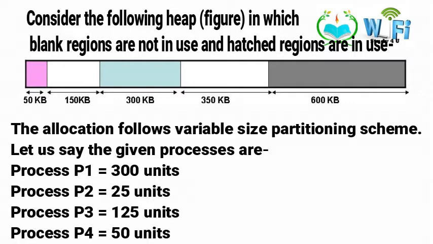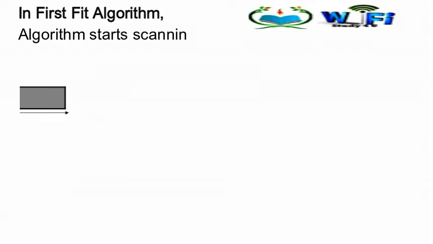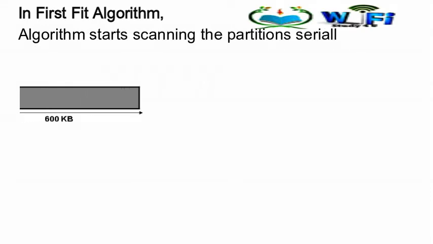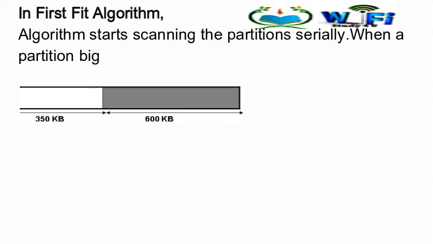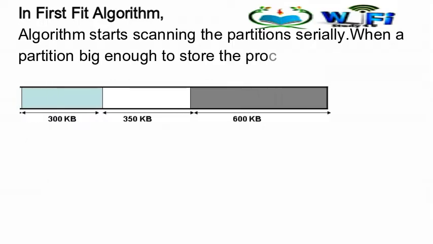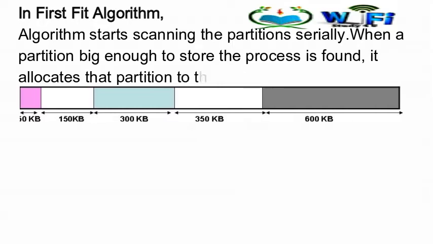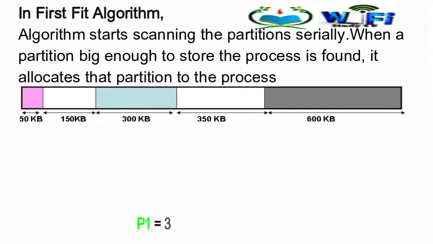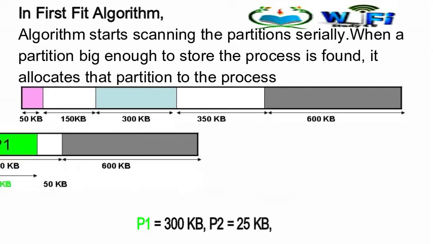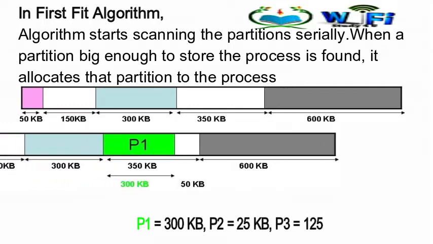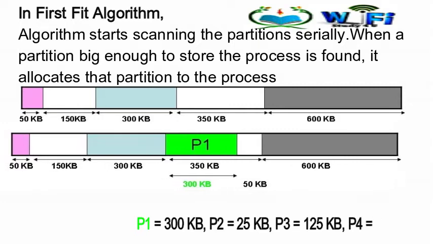Now, how will it be used? What mechanism can we use here? We use the first fit algorithm. According to the algorithm, it starts scanning the partitions serially. When a partition big enough to store the process is found, it allocates that partition to the process.